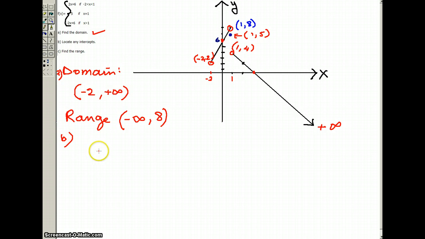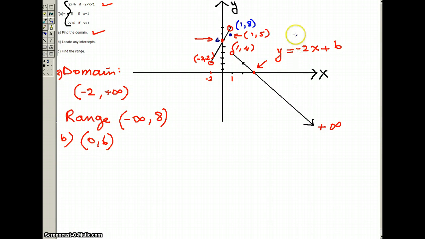Locate any intercept. The only intercept I have is this one, which is 0, 6. We already found out this is the y-intercept for this line. I don't have a y-intercept for this line because it starts here. I want to find this point. To find this point, I look at the equation y equals -2x plus 6, and I find the x-intercept by putting y equals 0.